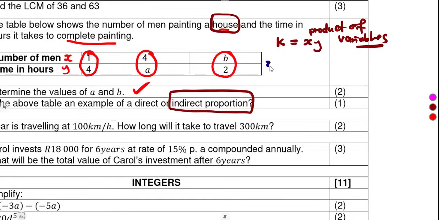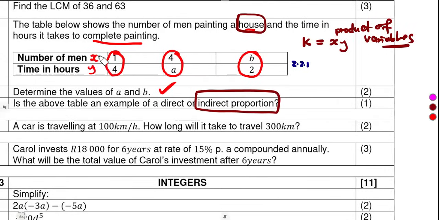With that, guys, you can form an equation, because you are simply saying the product, these are your variables. You let the number of men be X, the time in hours by Y. So variable X and Y. You're saying k is the product.